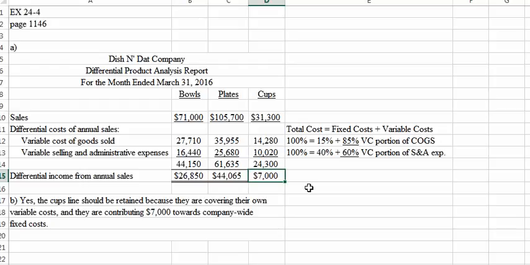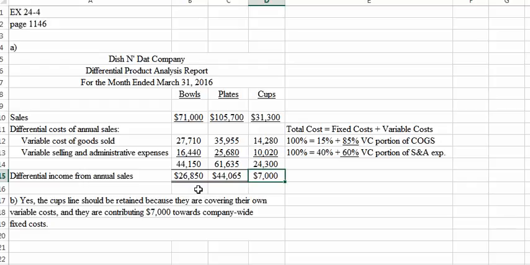costs of the company, things like rent on the production facility. If we eliminate cups, if this goes away, then this $7,000 has to be picked up by bowls and plates, effectively making them, if you just split it in half, less profitable by $3,500 each.